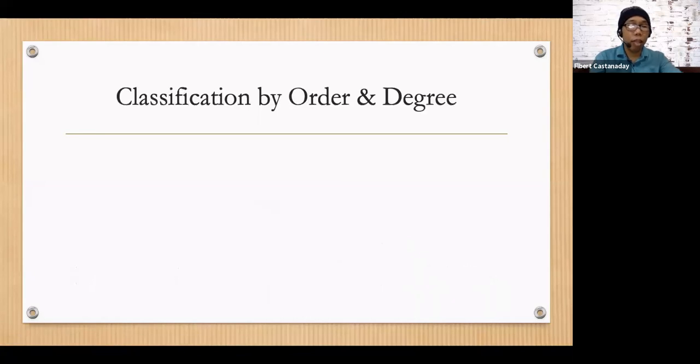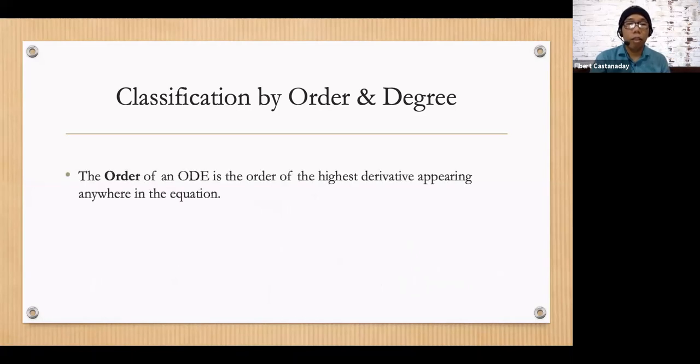Okay, let's go to the classification by order and degree. Let's define first what the order is, or understand how we can identify the order of a differential equation. The order of a DE or an ODE, I have put ODE here since we will be dealing with ordinary differential equations for the entire class, is the order of the highest derivative appearing anywhere in the equation.